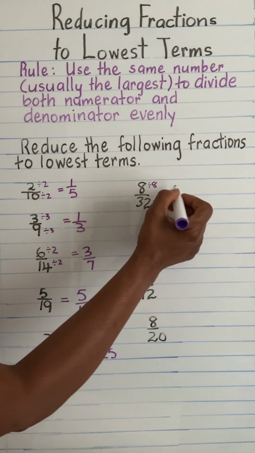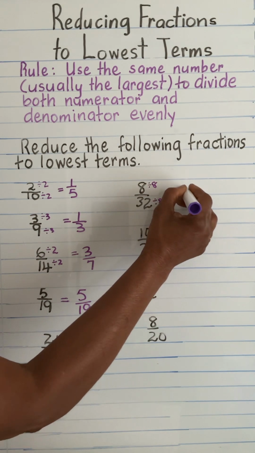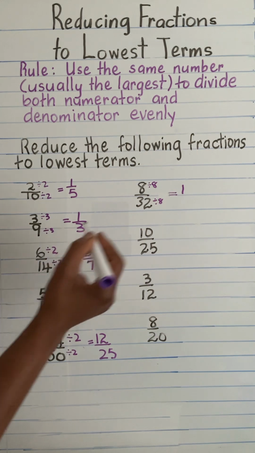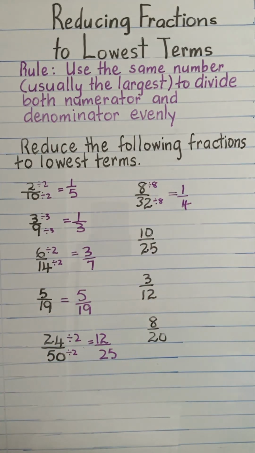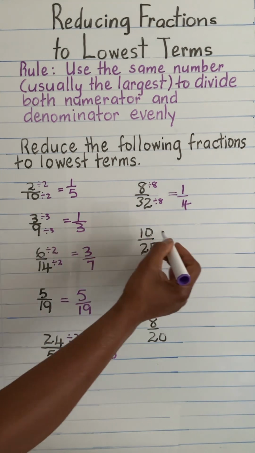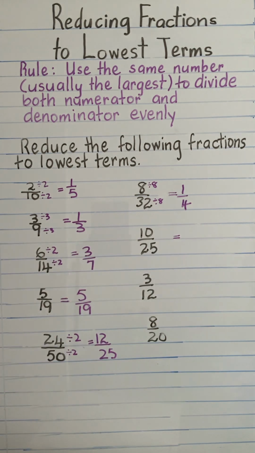So 8 divided by 8 is equal to 1. And 32 divided by 8 is equal to 4. So 8 over 32 is equal to 1/4, or we can say a quarter. Next, 10 over 25. We know 10 can divide 10, but not 25.